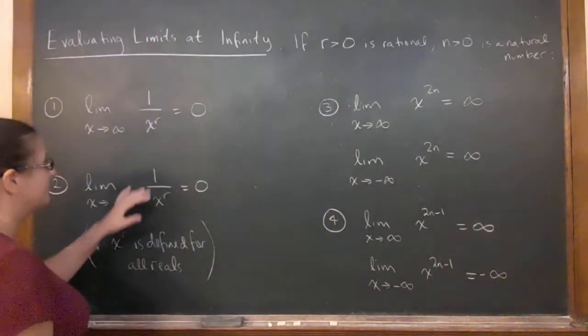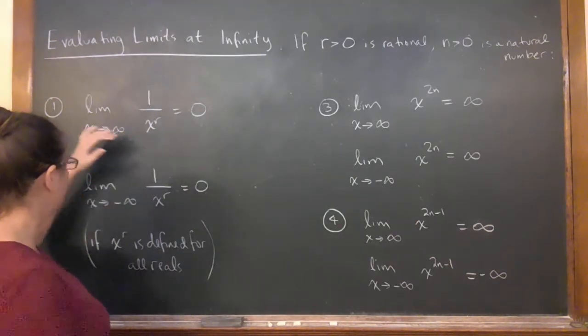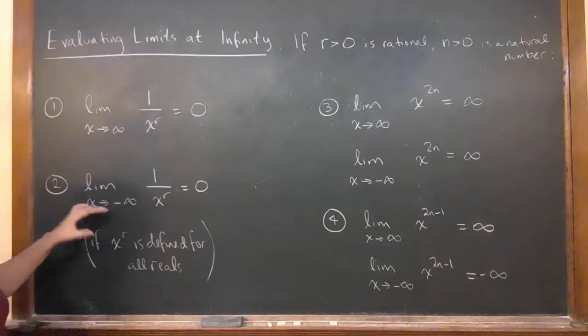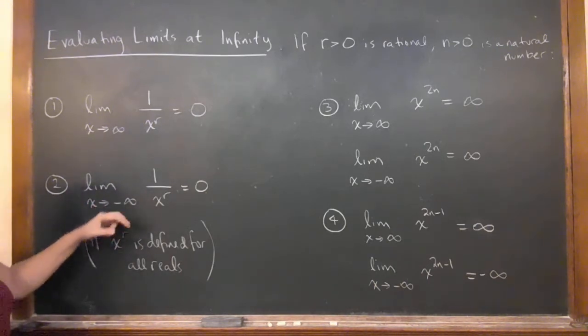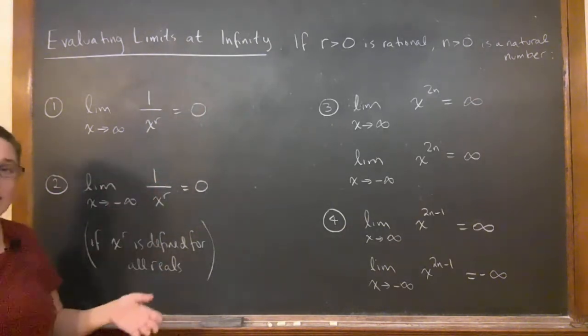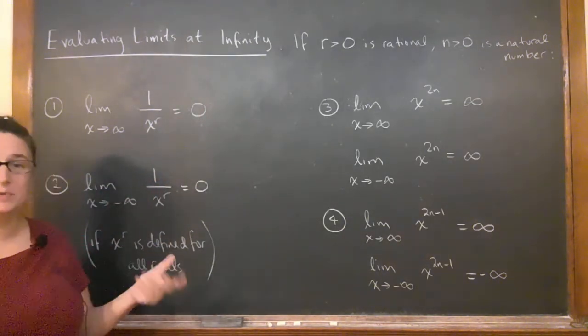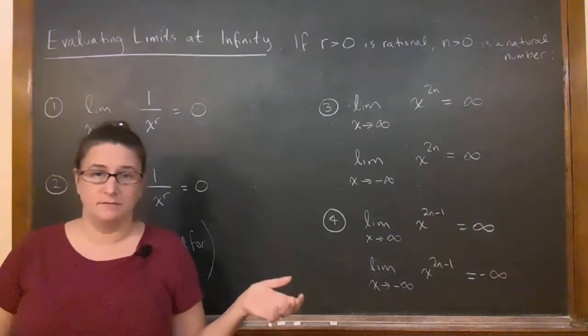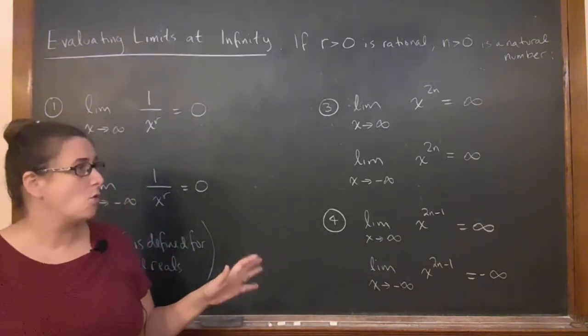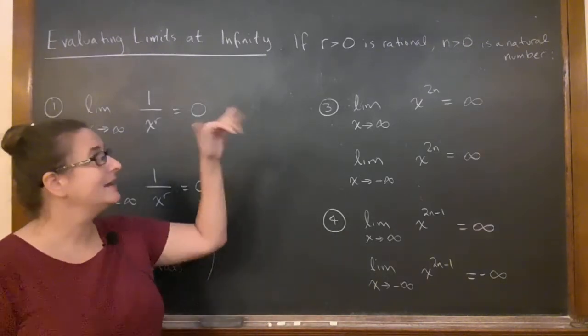If I'm thinking of 1 over x to the r, whether I'm going to positive infinity or negative infinity, both of those are going to go to 0. And by the way, I'm taking r as a rational number, so it could be a square root, it could be a fraction, whatever, or it could just be a natural number. But in any case, it's positive.